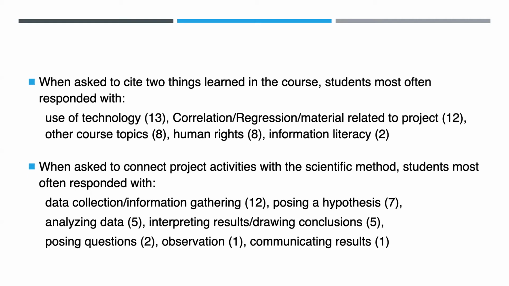Some people noted that they felt they learned a lot about human rights, or more than they knew before. And there were students who reported benefits in the area of information literacy, like how to find sources, how to recognize if a source is to be trusted, things like that.